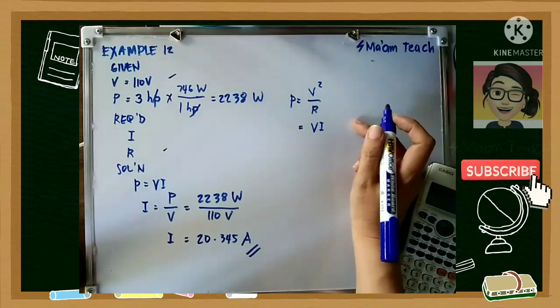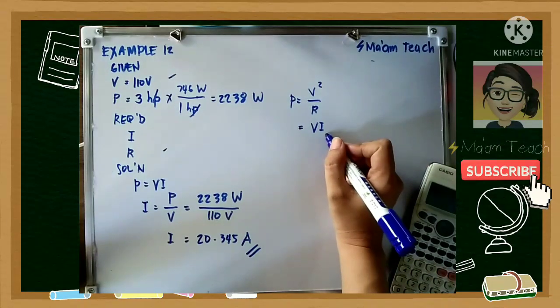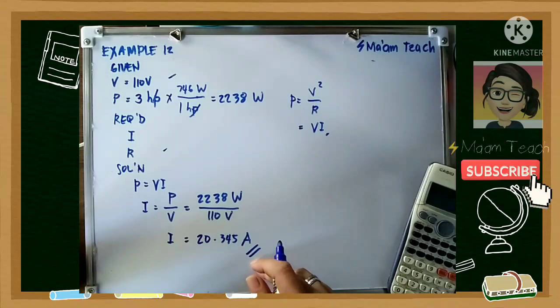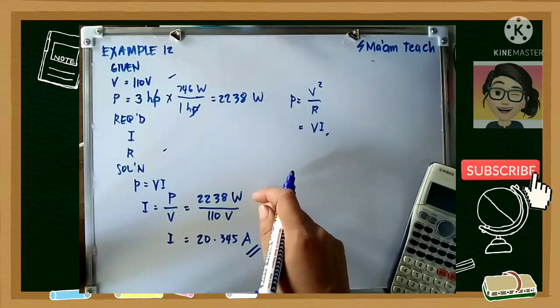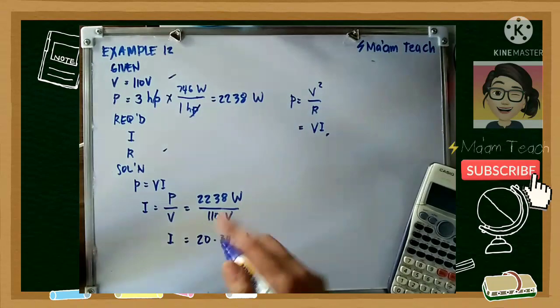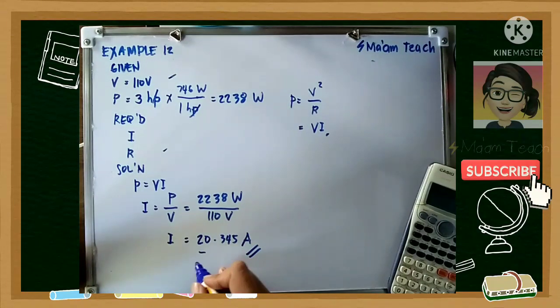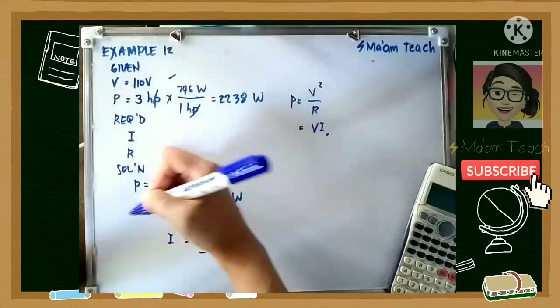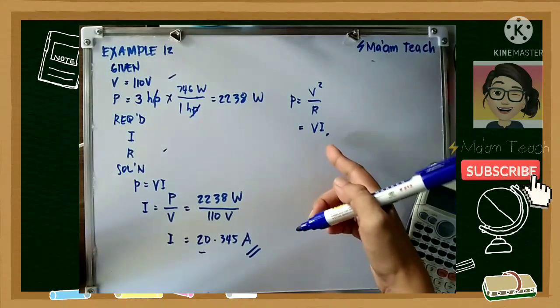Yes, you can, but take note that the I here, class, is a solved quantity, which means that if you made a mistake here, or maybe your solution here is wrong, your solution for the second quantity, which is the resistance, will also be wrong or will be affected.